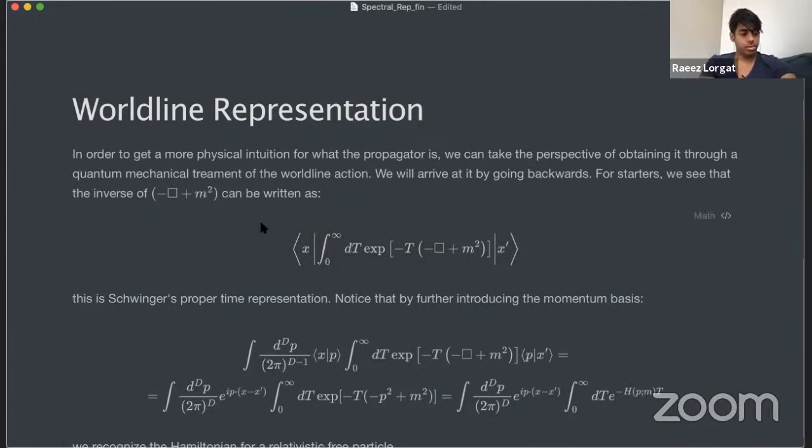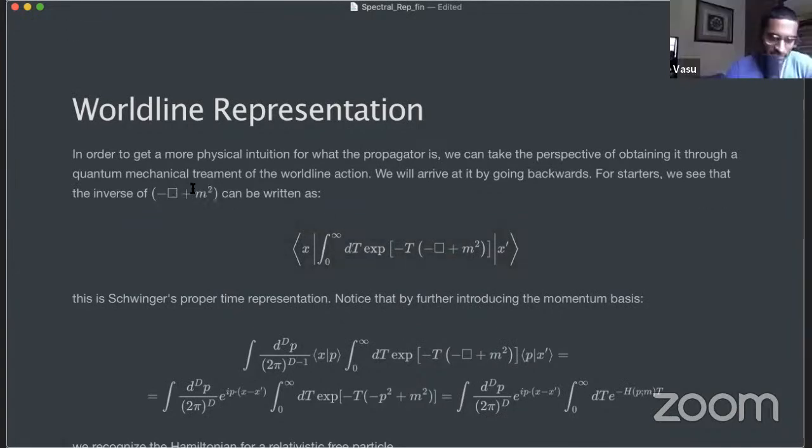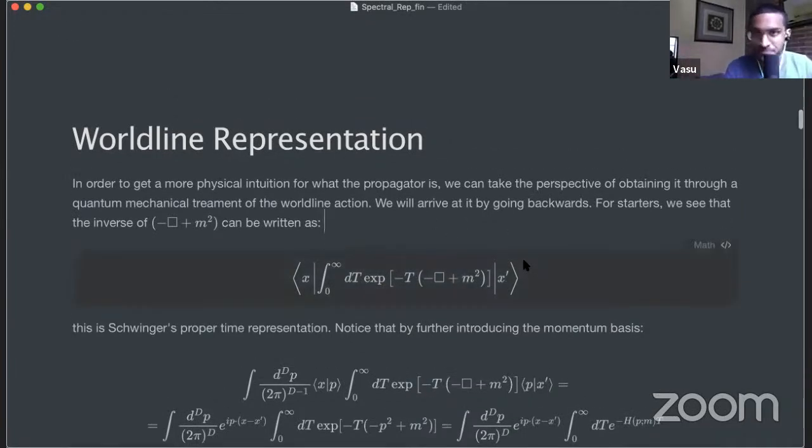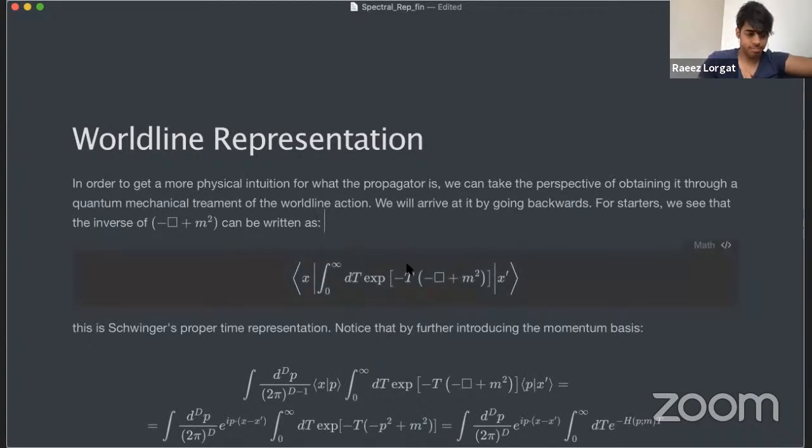So it's just a sheer mathematical fact that you can write the inverse of this differential operator in terms of the following integral, right? This is just a statement that the integral from 0 to infinity of dt e to the power minus t times f of anything you like is 1 over f. So that's the basic identity that you're exploiting.